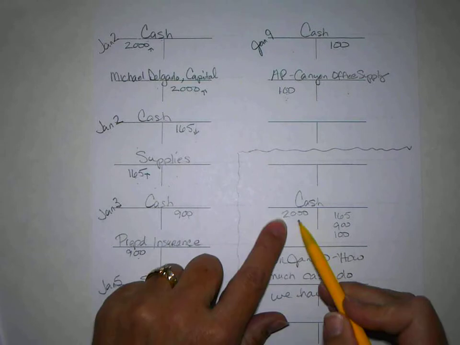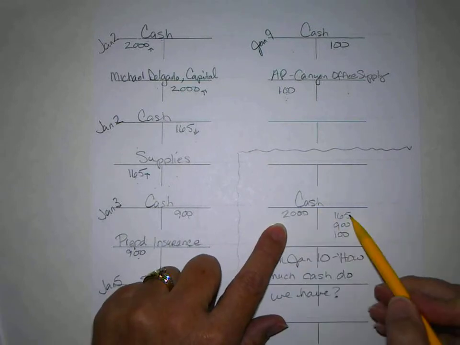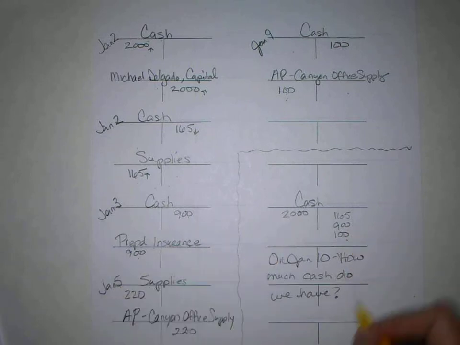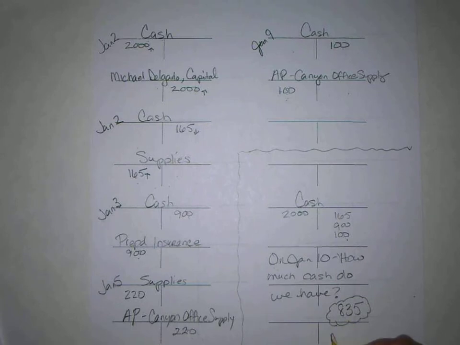Okay, so basically it's 2,000 minus 165 minus 900 minus 100. If you do that math, it's 835. Okay, and that is your account balance for cash.